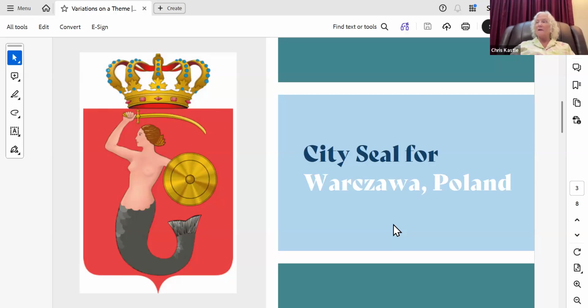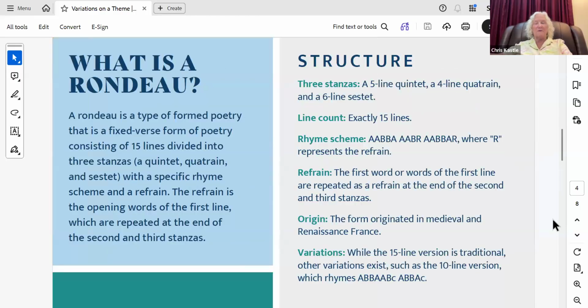So while we're doing that, I'll just talk a little bit about the rondeau form. This will not be the variation that we're doing today. It takes a little time to put this together. How are we doing here? Okay, so I'm just going to read you the form unless we can get it on. There we go.